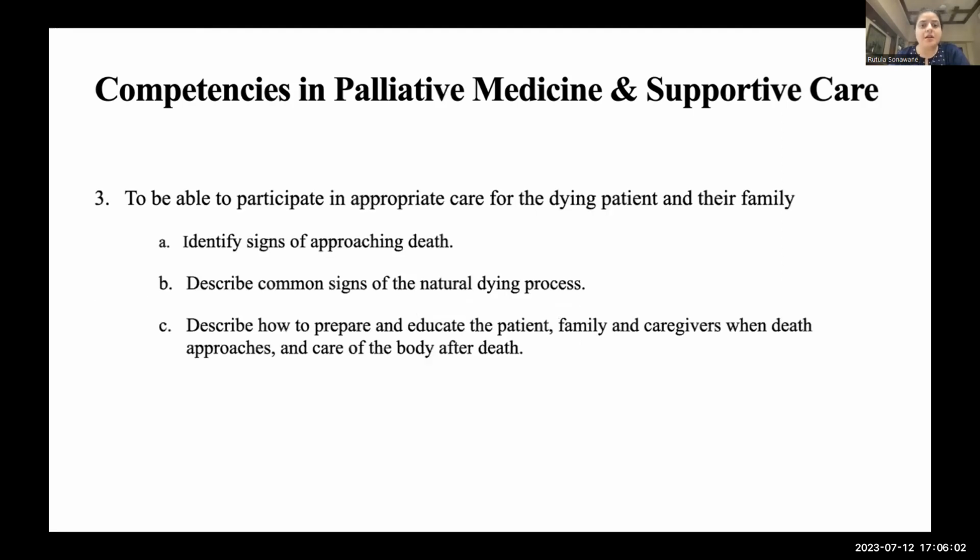And this should be done by a thorough and proper physical examination, history taking, and relevant investigations as needed. Then we should be able to participate in proper care of the dying patient and their families. This includes identifying when the patient is dying, identifying the natural signs of the dying process, and how to prepare and educate the patient's family or caregivers when death approaches, and also extend it to the proper care of the dead body.